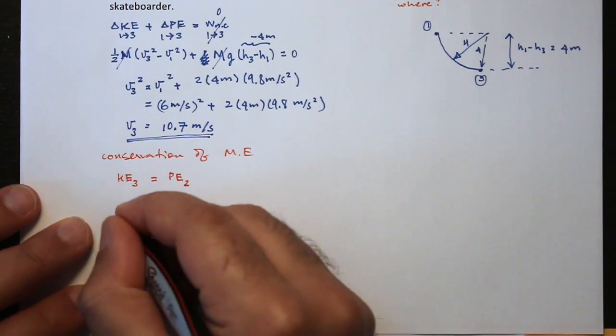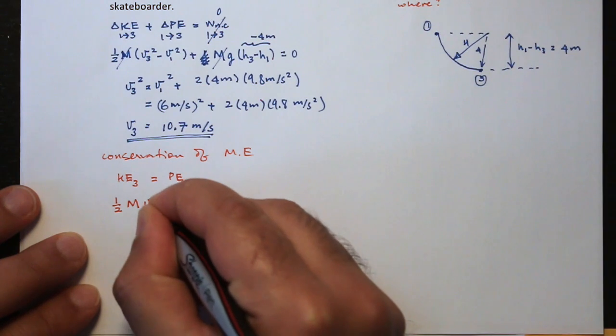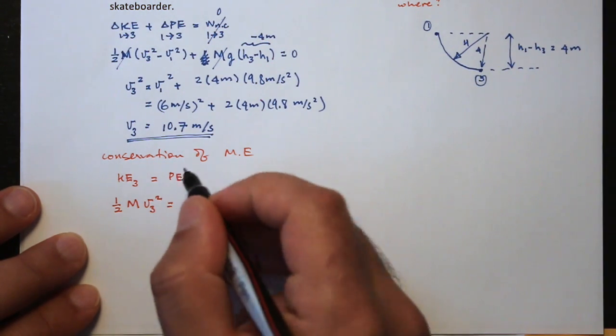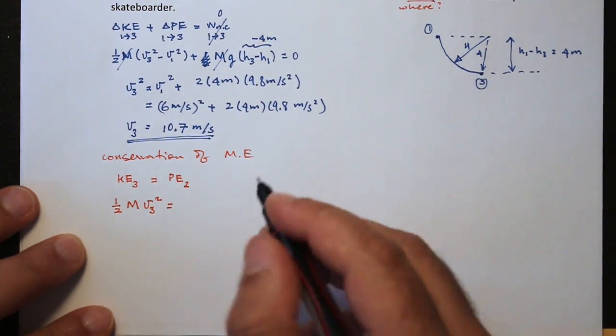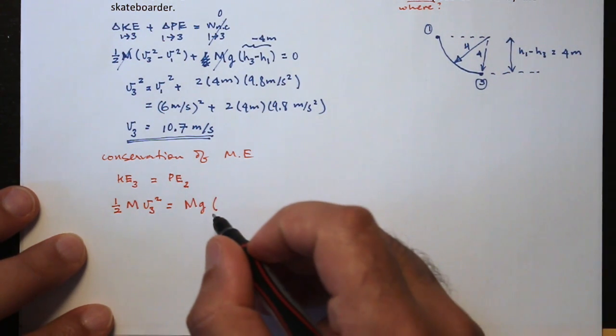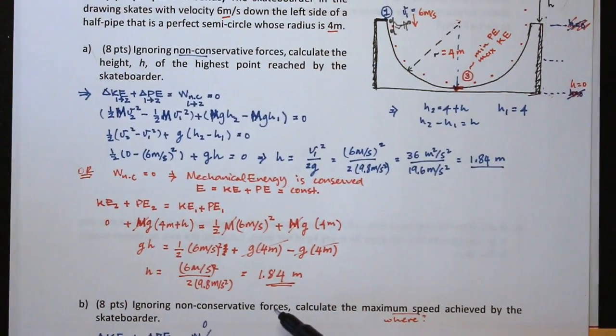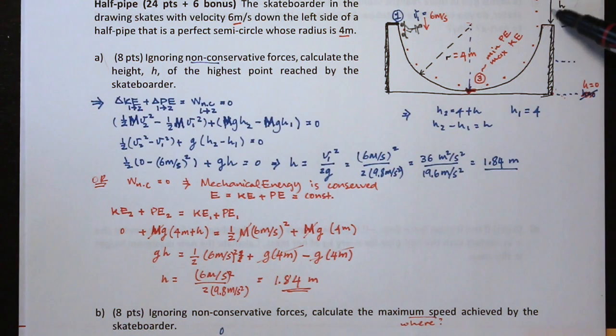So the kinetic energy at position 3 is half m v3 squared, and the potential energy at position 2 is equal to mg times h, and h in this case will be the h that I found for the difference between positions 1 and 2, plus this height, because I'm referencing from this point, h equals 0.